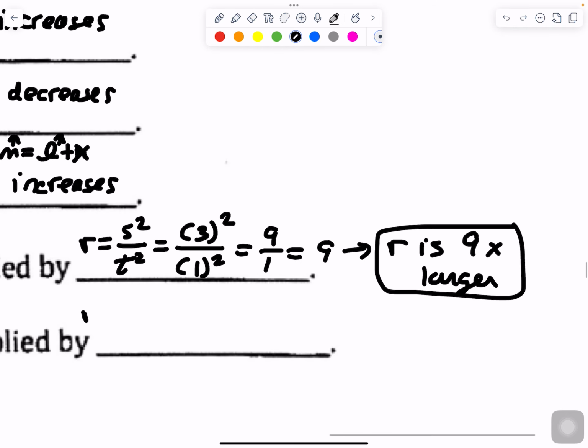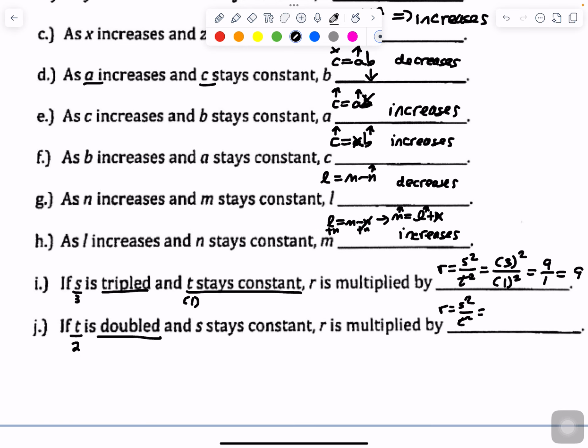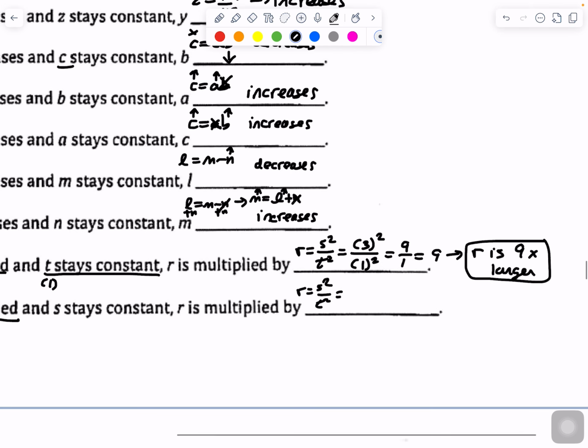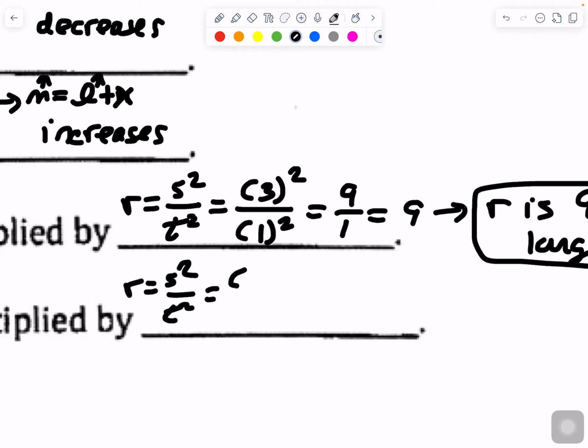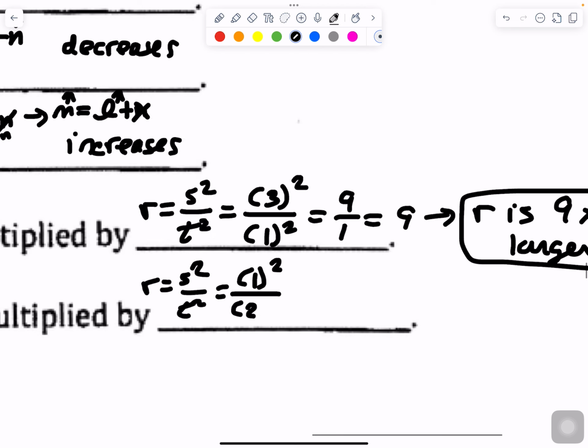Okay, now we're going to do the same thing. R equals s squared over t squared, but this time t is doubled and s stays constant. What is r? So this time s is staying constant, so I'm going to put a 1 squared there, over t was doubled, so I'm going to put a 2 squared down here. So that's 1 over 2 squared, which is 1 over 4.